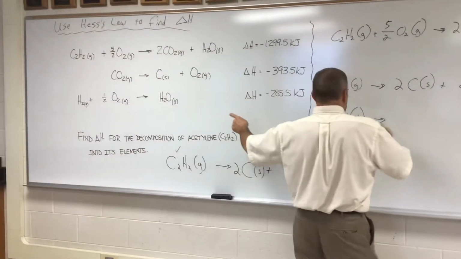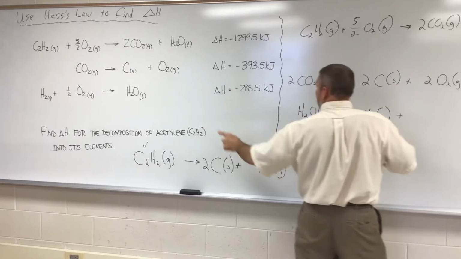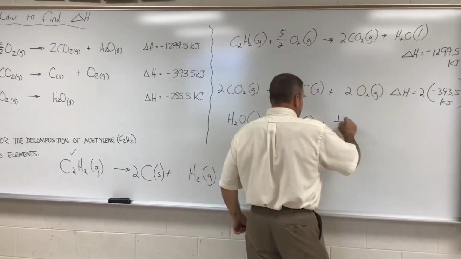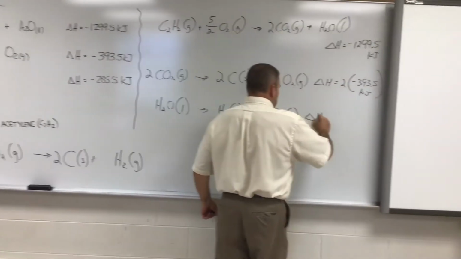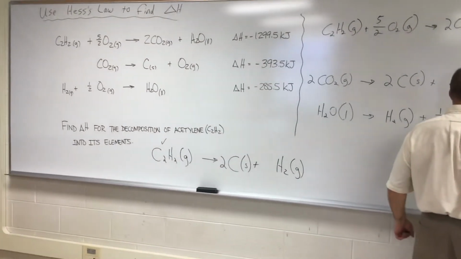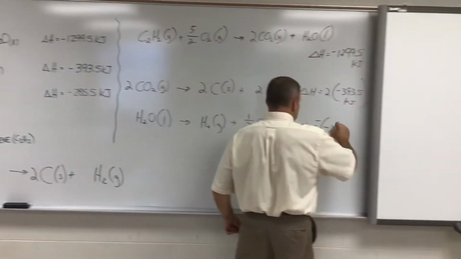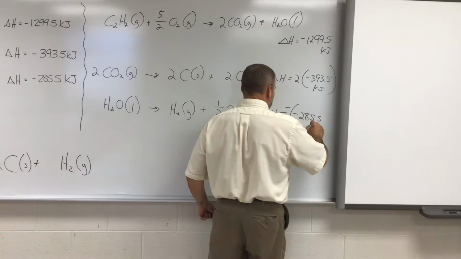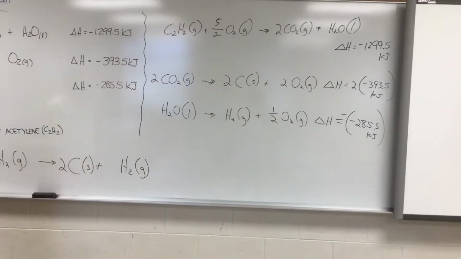Okay, so liquid water, H2, and half an oxygen. And delta H now is the opposite of negative 285.5. Hopefully you can read my writing.